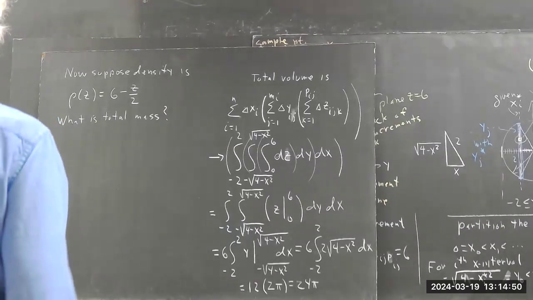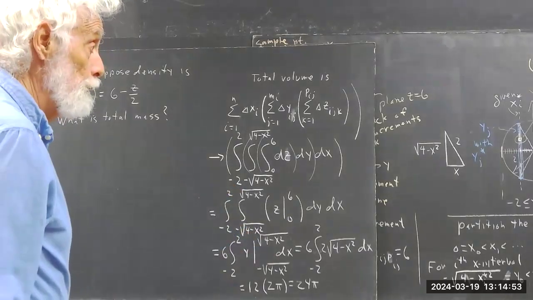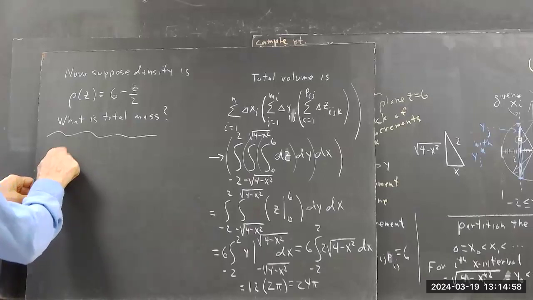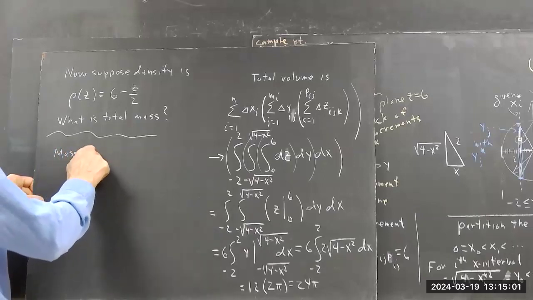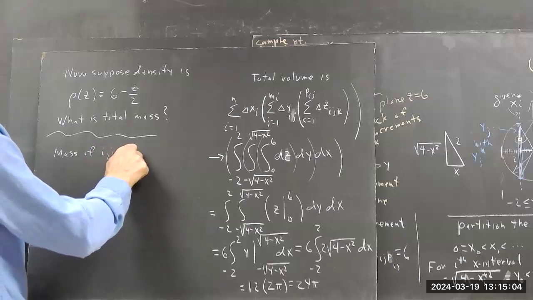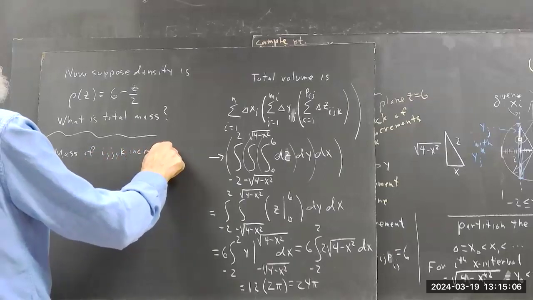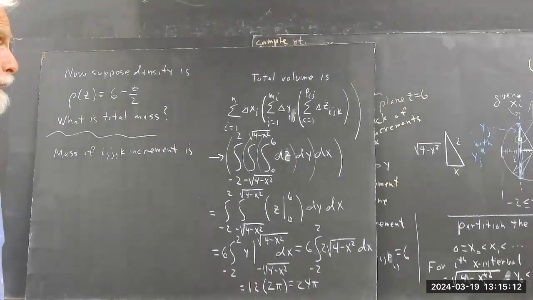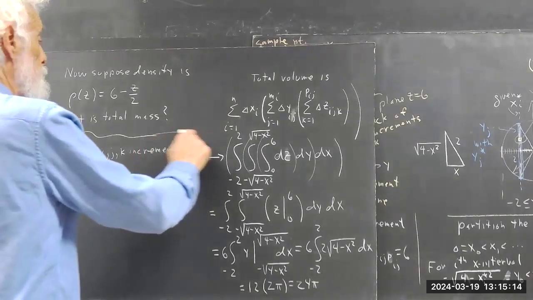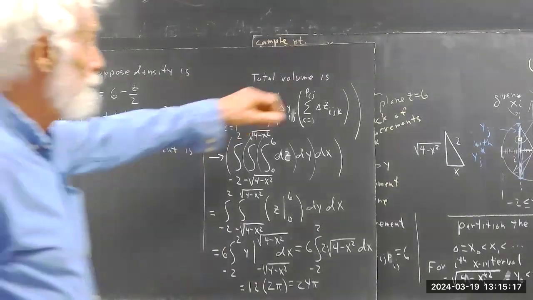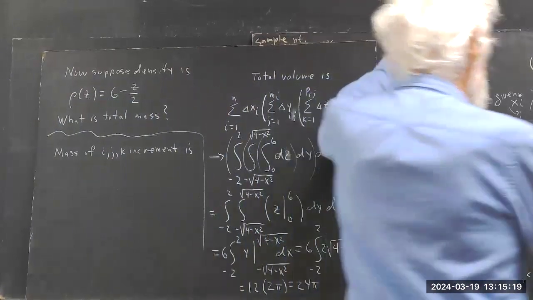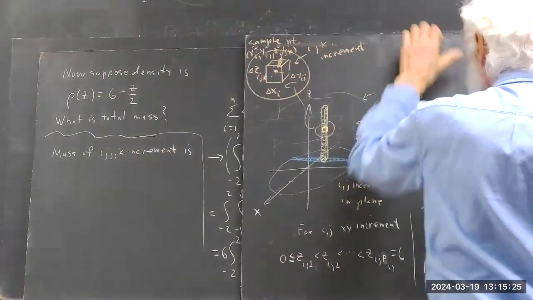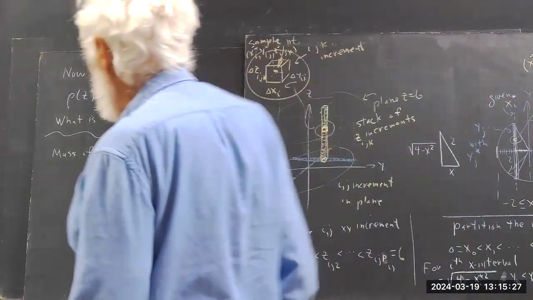Well, it's very simple to get an integral for the total mass. What's the mass of the IJK increment? That's all we need. Well, we kind of obscured it here, so let me set it over here so we can look at it again, although you probably can't read it.